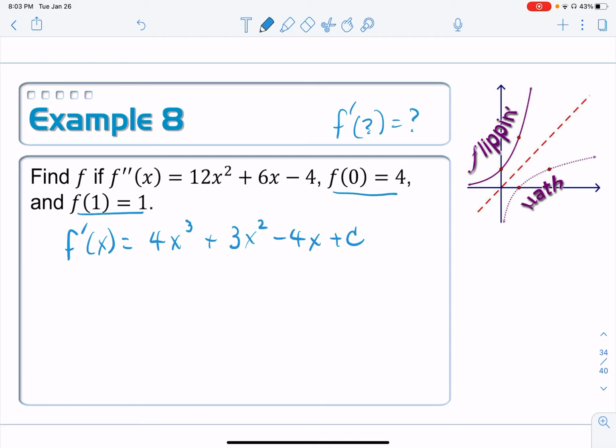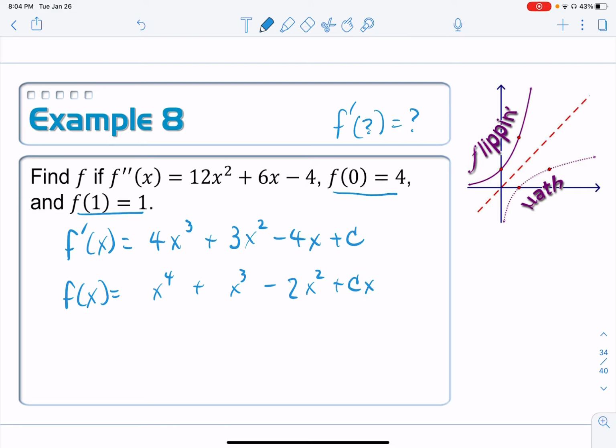All right, let's do it. So let's get rid of this prime mark by finding another antiderivative. F of x is equal to, add 1 to the exponent again, 4x to the fourth divided by 4, 4's cancel, plus 3x cubed over 3, 3's cancel, very convenient, minus 4x squared over 2, this time they don't cancel, but it just reduces, plus cx.